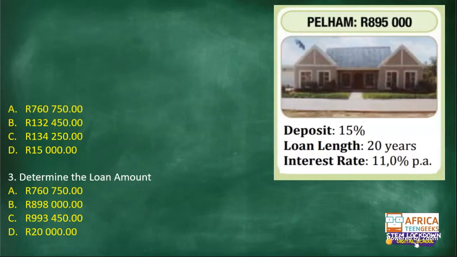That is the amount for the loan, which, by the way, has to be paid over a lengthy period of 20 years. And the interest rate that will be charged on the loan will be 11%.